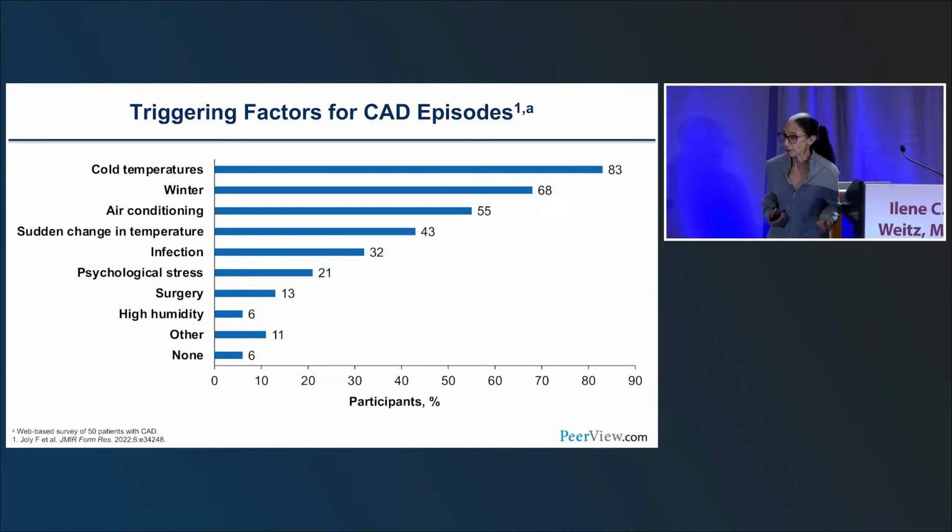Air conditioning. Temperatures are kept around 72 to 78, and that may be low enough for patients to experience exacerbations in their CAD. Sudden changes in temperature.